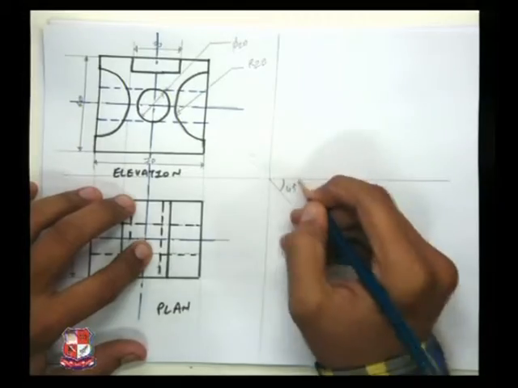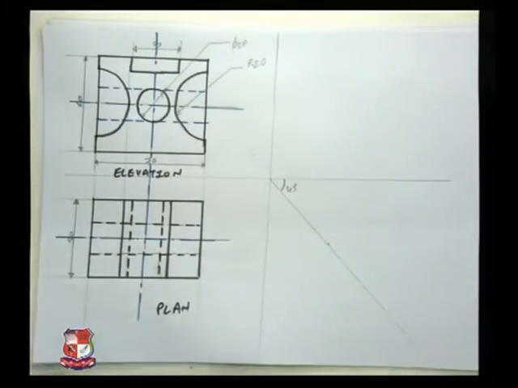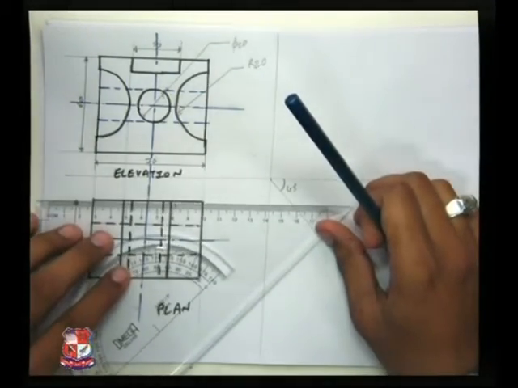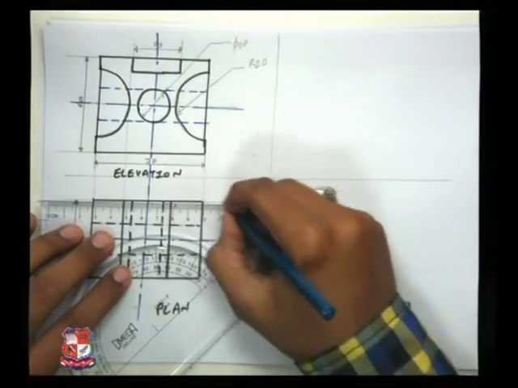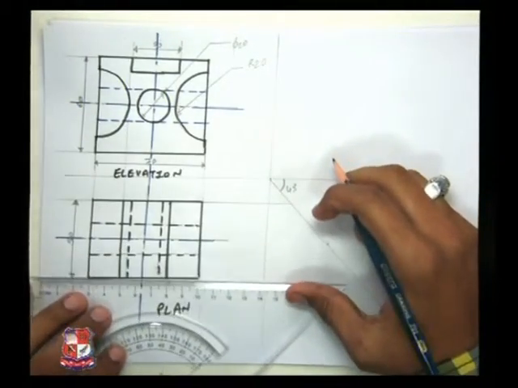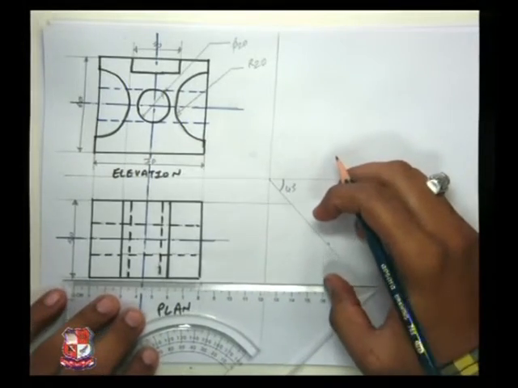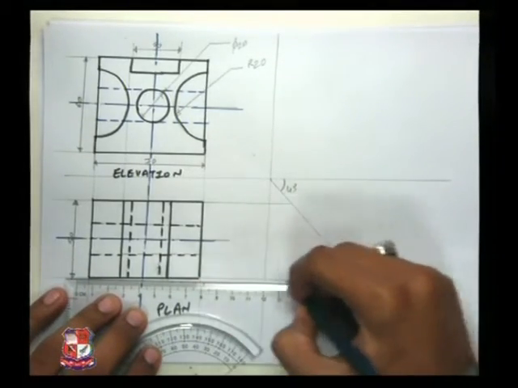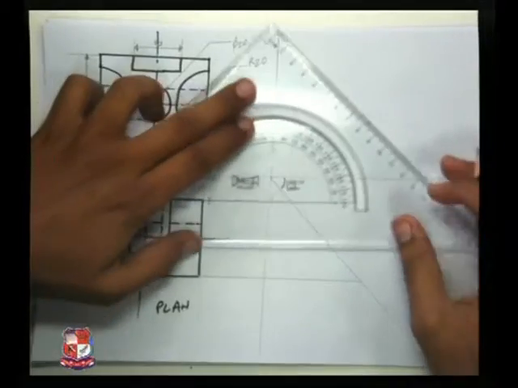I have drawn a 45-degree angle. From this angle you can show what the side view's length is.